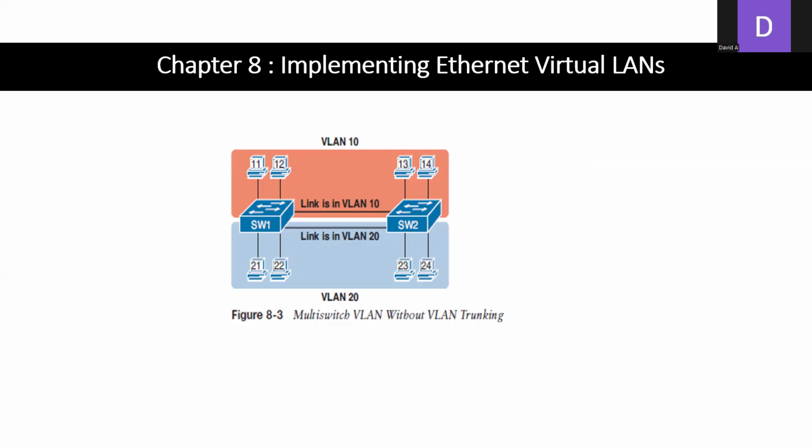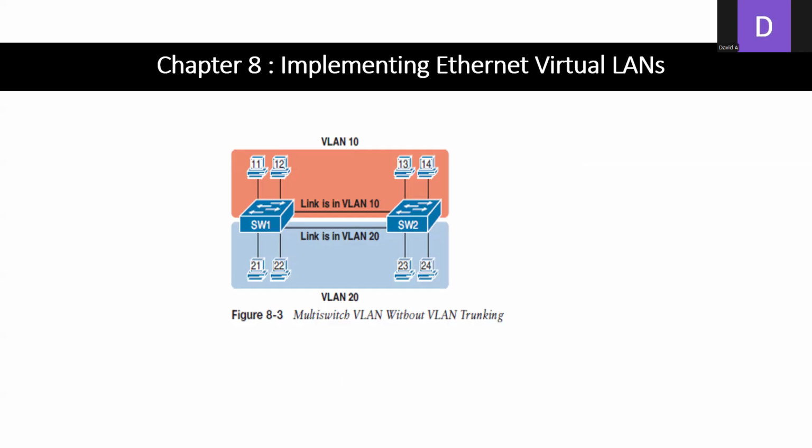VLANs exist on both switches, and it doesn't use trunking. We have VLAN 10 and VLAN 20. Each switch has ports in each VLAN. In this design, it has links between the switches: one link that's inside VLAN 10, one link that's inside VLAN 20.